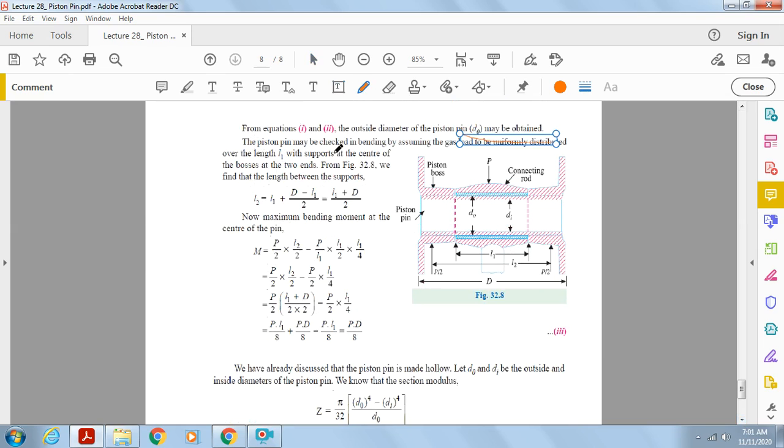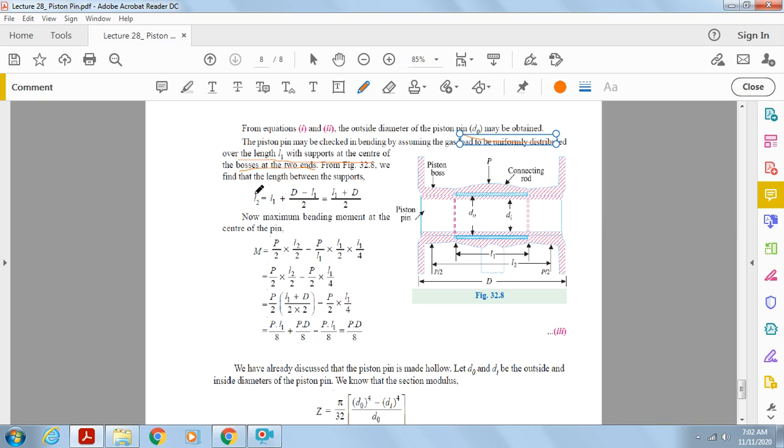The piston pin may be checked in bending by assuming the gas load to be uniformly distributed over the length L1 with supports at the center of the bosses at the two ends. In figure 32.8, we see that the gas pressure is uniformly distributed over the length L1.